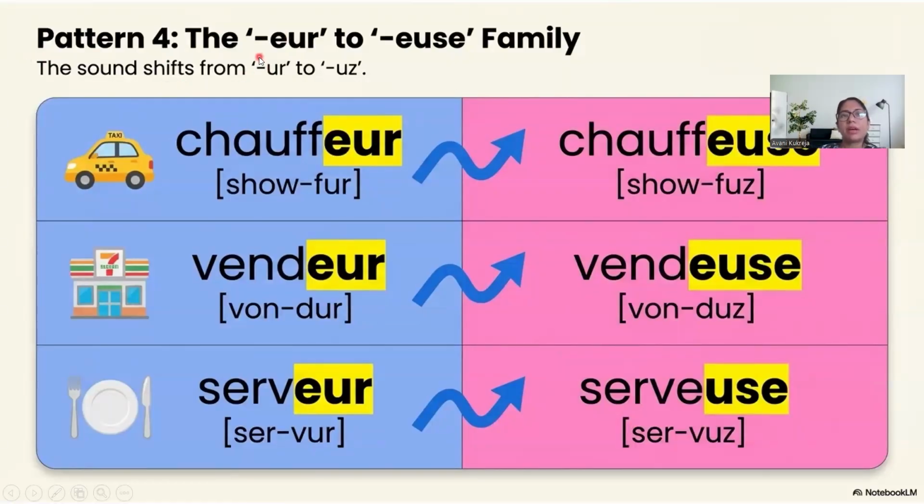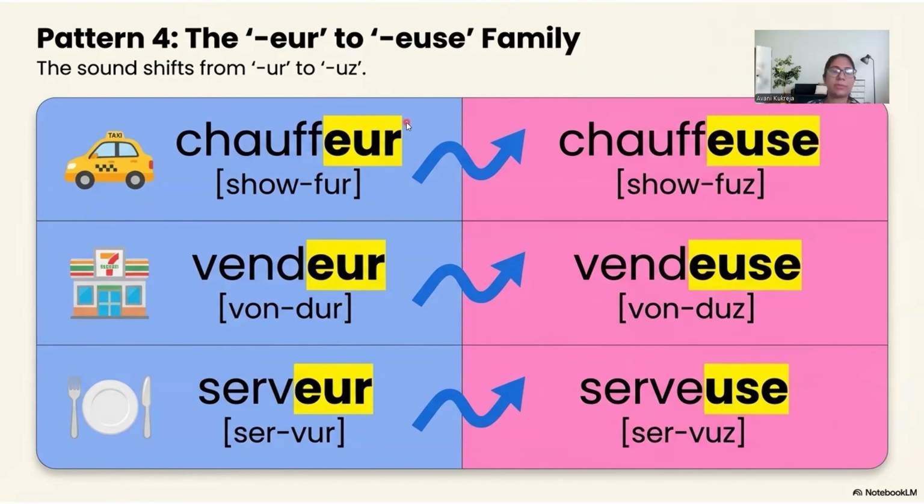Next is pattern number 4. The professions which end with eur change to euse in the feminine. Let's quickly learn the pronunciations. Chauffeur, chauffeuse. Vendeur, vendeuse.